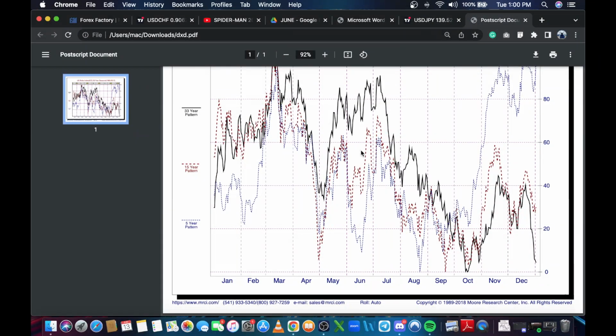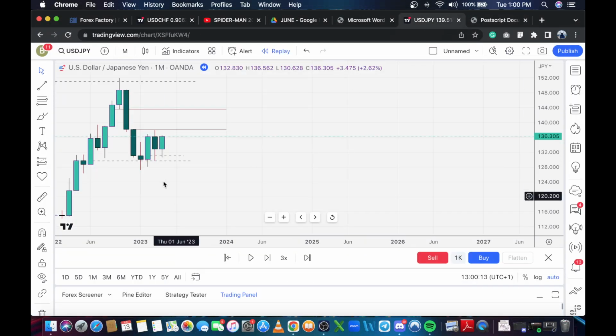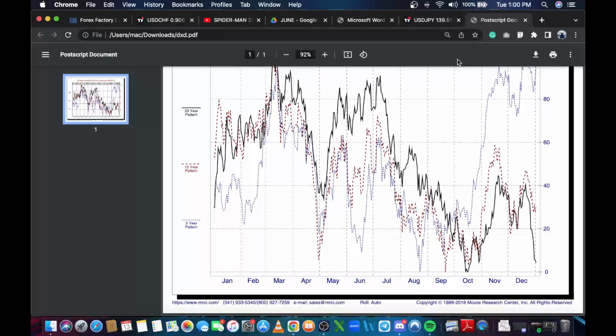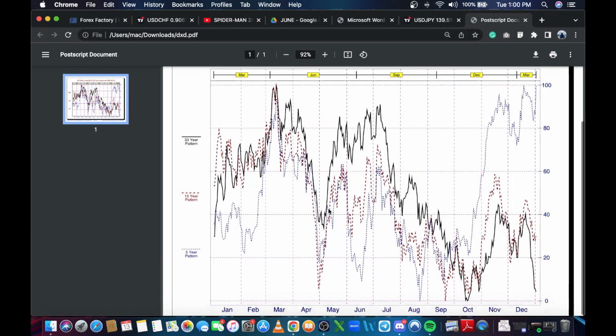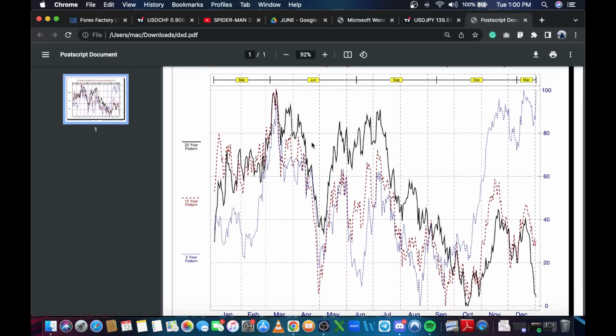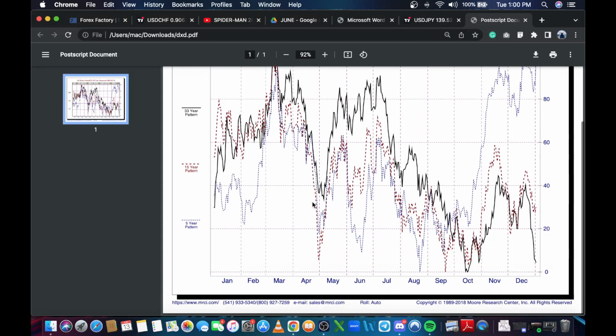We're currently trading the month of April. During the month of April on dollar, we can see that dollar usually is poised to see weakness. So we know that in the month of April, DXY usually is very, very bearish.